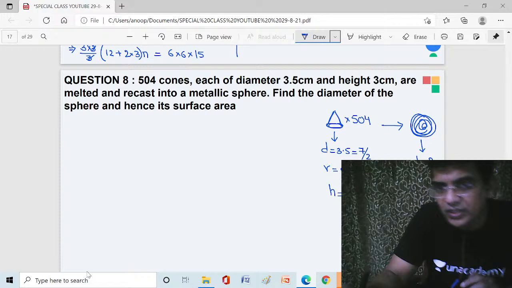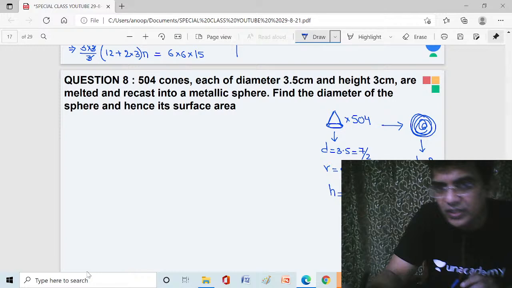Then we will be finding the volume of a sphere. Volume of a sphere will be 4 upon 3 pi r cube. As I have to equate the volume, so I am not going to substitute any value at the present time. I will substitute the values at the last when I have equated them.